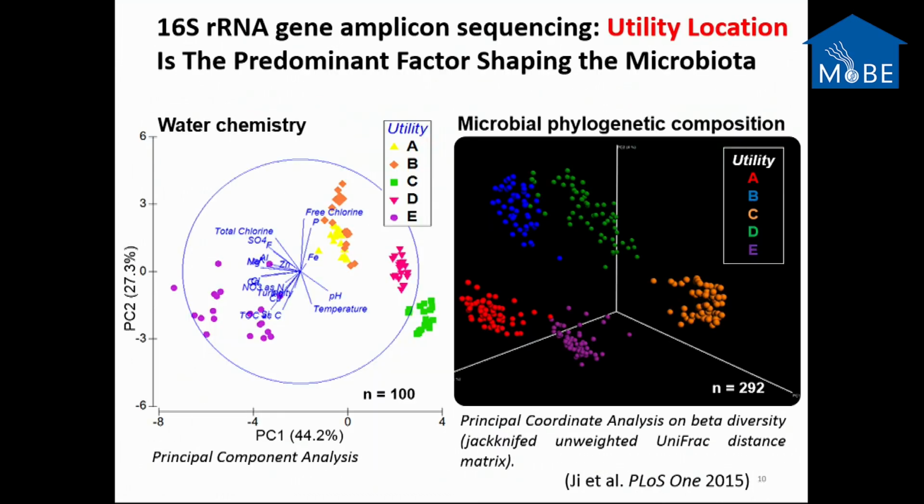And we saw a very interesting effect: even though we tested different pipe materials and stagnation, things really clustered by which water utility they were installed at. In this example, utilities A and B actually draw from the same water source, just maybe a few hundred meters away, but there are different treatments at the treatment plant, so that matters as well.